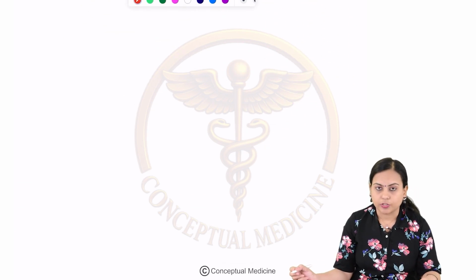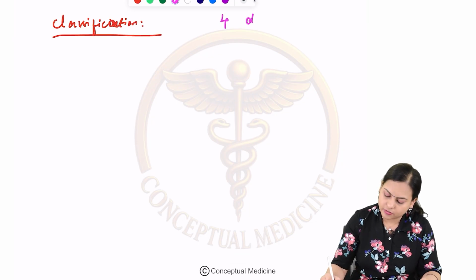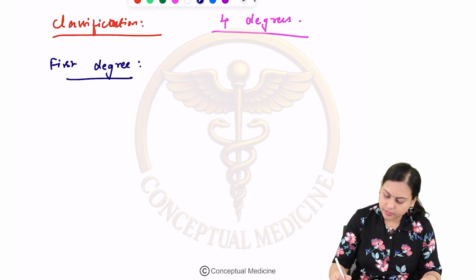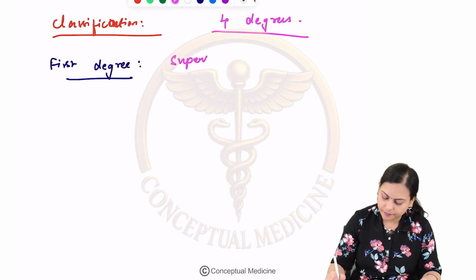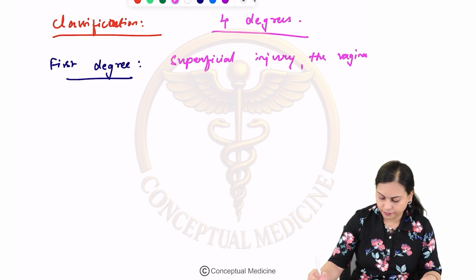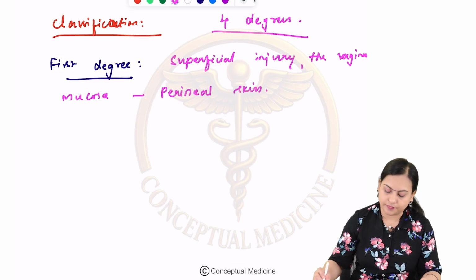Now, let us discuss the classification of perineal tears. The classification consists of 4 degrees of perineal tears. So, the first degree is when there is superficial injury, okay, that is involving the vaginal mucosa, but it may also involve the perineal skin as well.